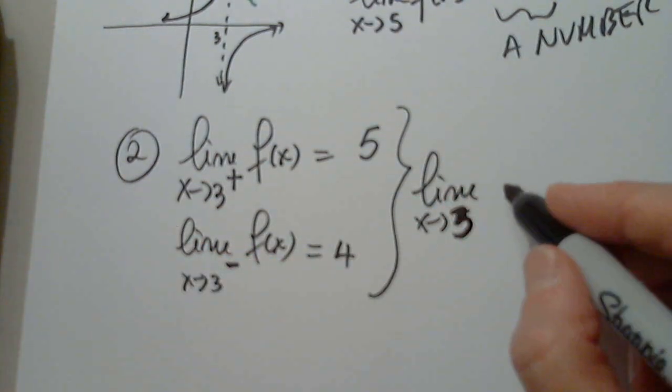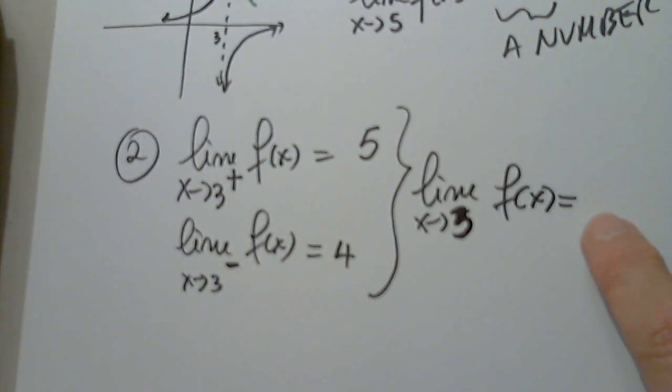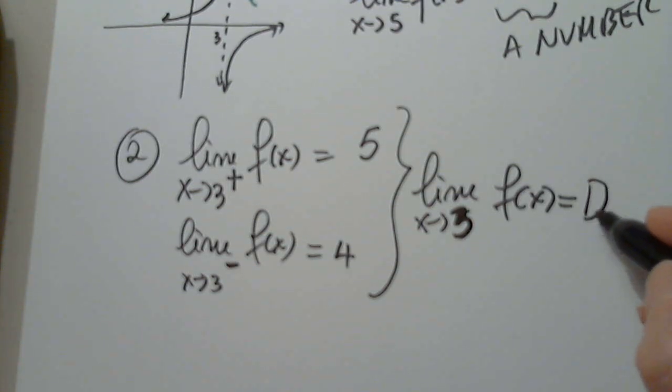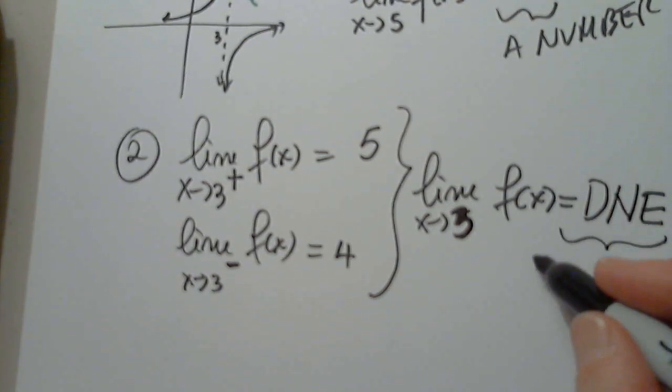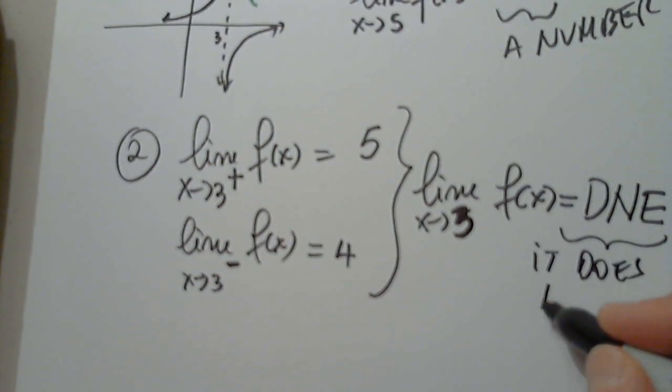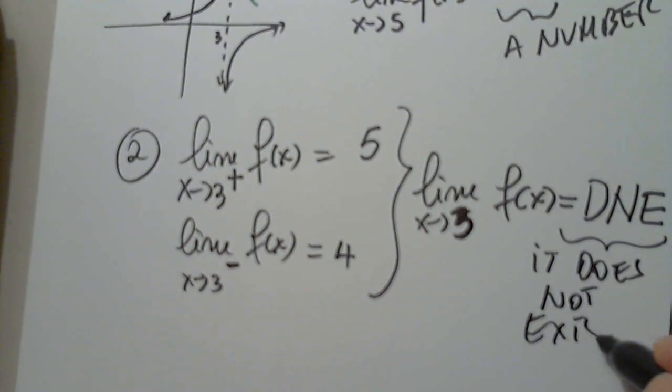Simultaneously from either side of f of x, what will you say? Do you have a number to give me here? Yes or no? No. So we say DNE. It stands for does not exist.